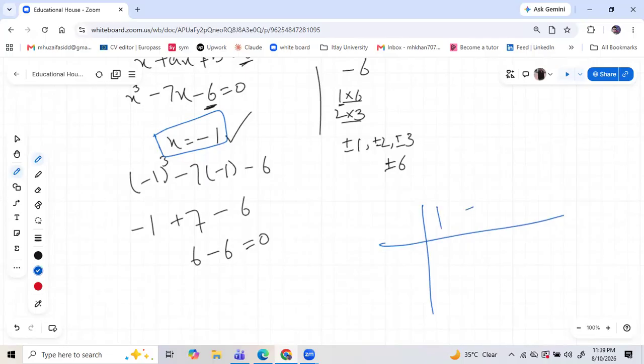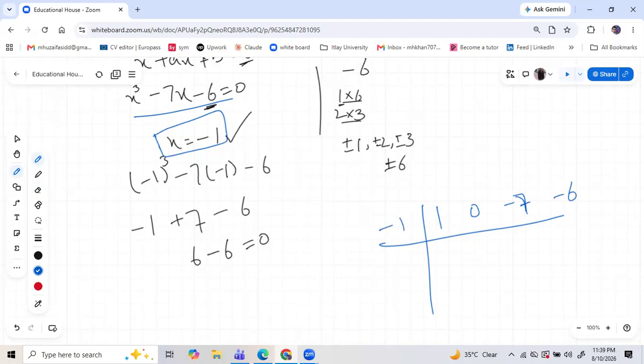So on the basis of this one, our coefficients are what? This is 1, this is minus 7, sorry, I'm just making a mistake, because look at it here, our x squared term is missing in this equation. 1, this is 0, this is minus 7, and this is minus 6. So our factor is what?